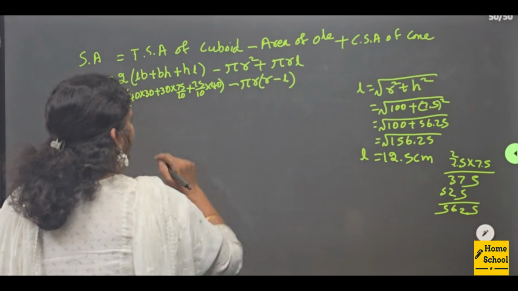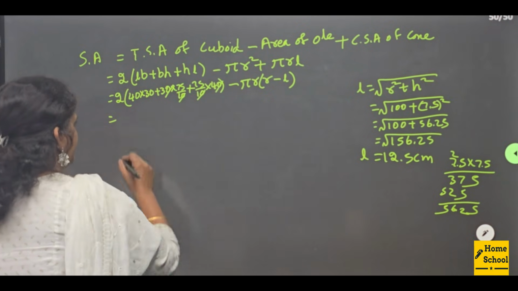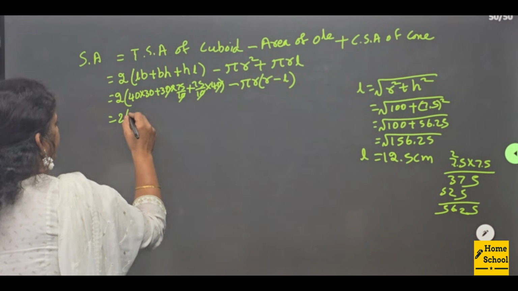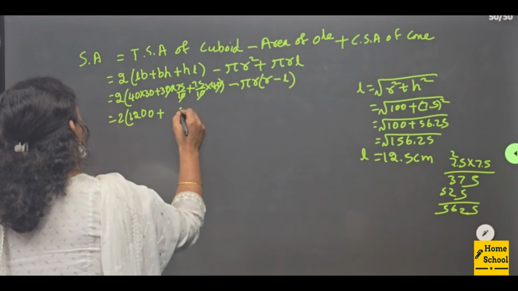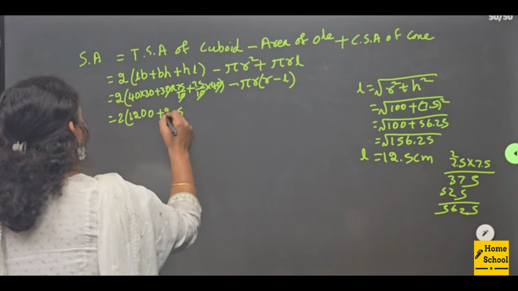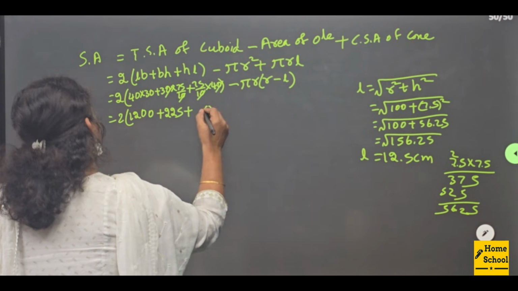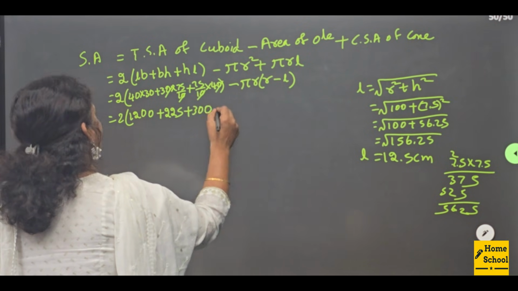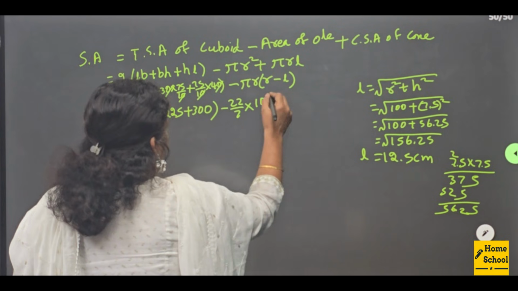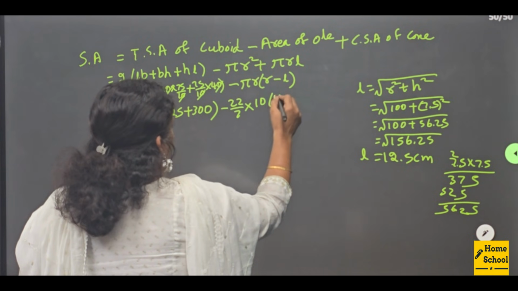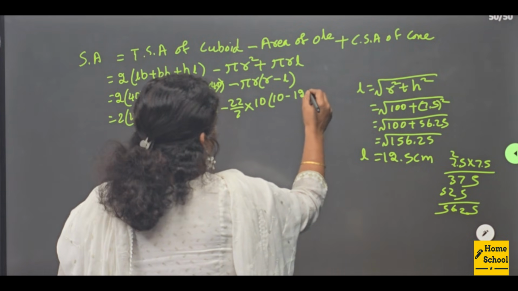Since you have children, I have written minus L. 0 0 0 0 cancels. 2 into 40 30s are 1200, plus 75 3s are 225, plus 75 4s are 300, this one minus 22 by 7 into radius of a cone is 10, and here radius of a cone is 10, minus slant height is 12.5.